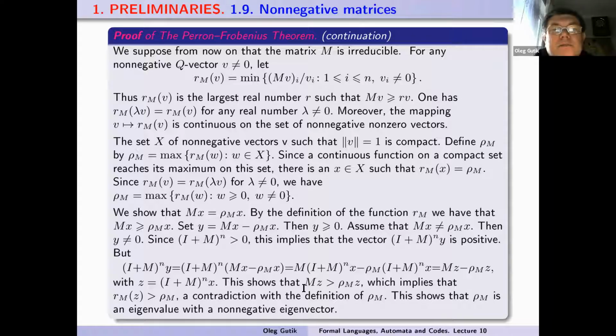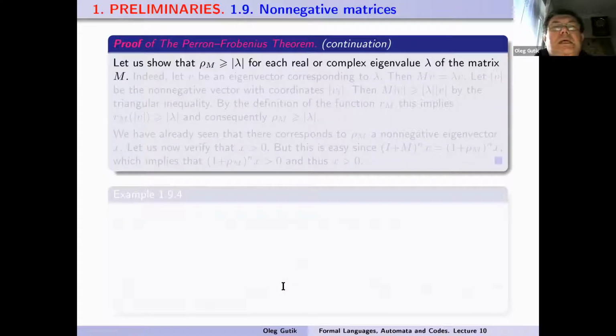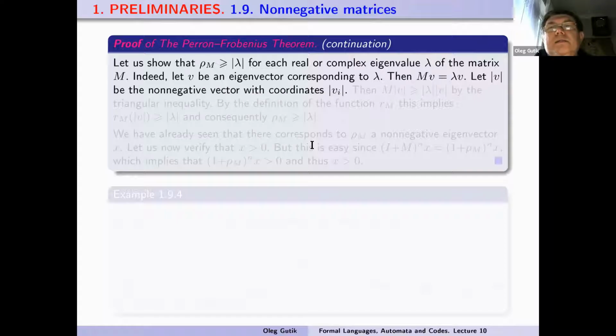This shows that rho M is an eigenvalue with a non-negative eigenvector, and let us show that rho M is greater than or equal to the modulus of lambda for each real or complex eigenvalue lambda of the matrix M. Indeed, let V be an eigenvector corresponding to lambda, then MV is equal to lambda multiplied by V. Let |V| be the non-negative vector with coordinates |V_i|, then M|V| is greater than or equal to |lambda| multiplied by |V| by the triangle inequality.